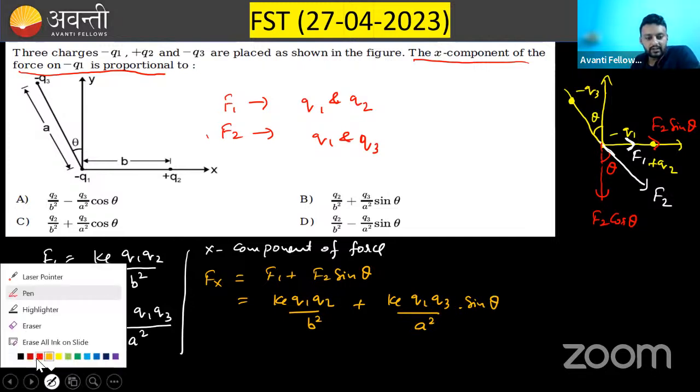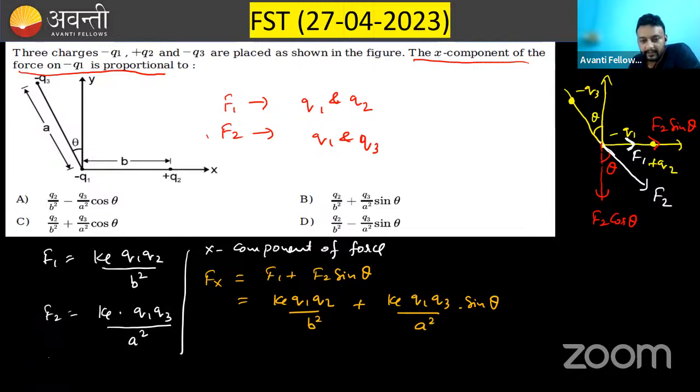Now they are asking the proportionality, so you can take some constant out of here. What are the constants? Ke and Q1 you can take outside. If you take Ke and Q1 outside, it will become Ke Q1 times Q2 by B square plus Q3 by A square into sine theta.